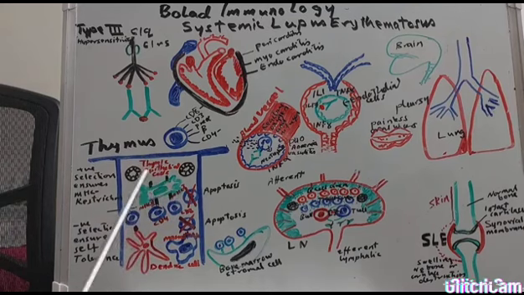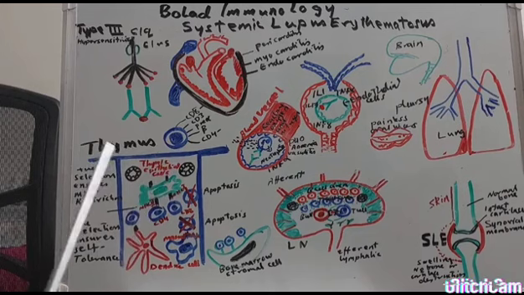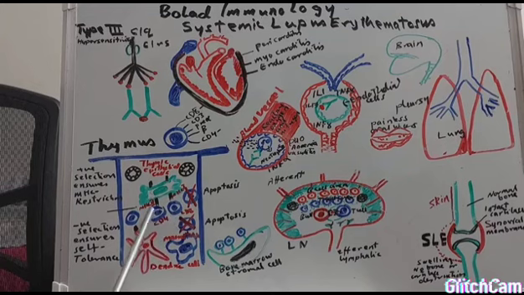So if these immature cells react with major histocompatibility class 2, they will differentiate into CD4. If they interact with major histocompatibility class 1, they will differentiate into T cytotoxic or CD8.